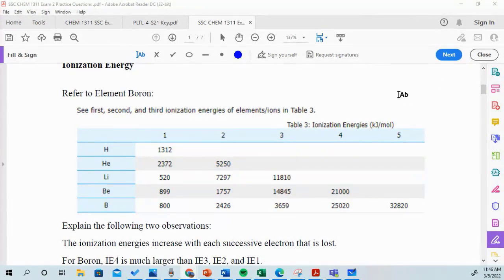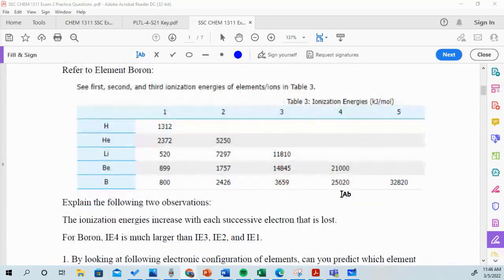For example, I think magnesium was the example: Mg becomes Mg+ as an electron is lost, and then this is the ionization energy. Another format you can be given ionization energies is in a table format. So we have a couple of elements here. This is first ionization energy, second, third, fourth, and fifth. We're particularly looking at boron.